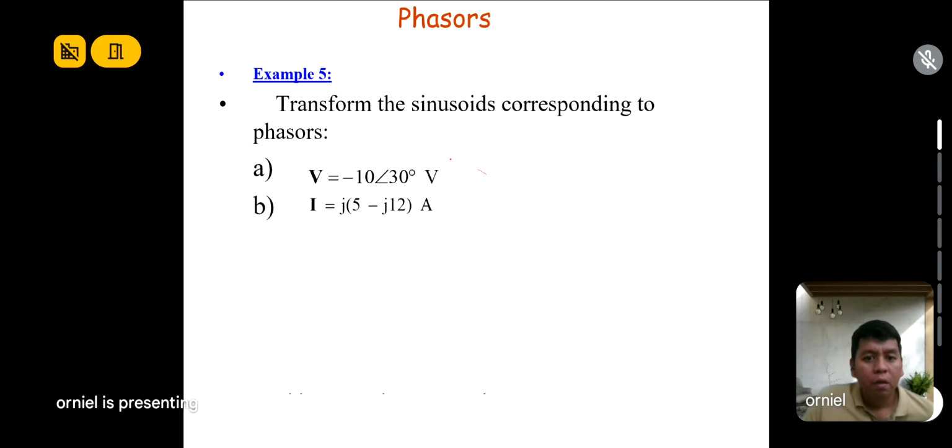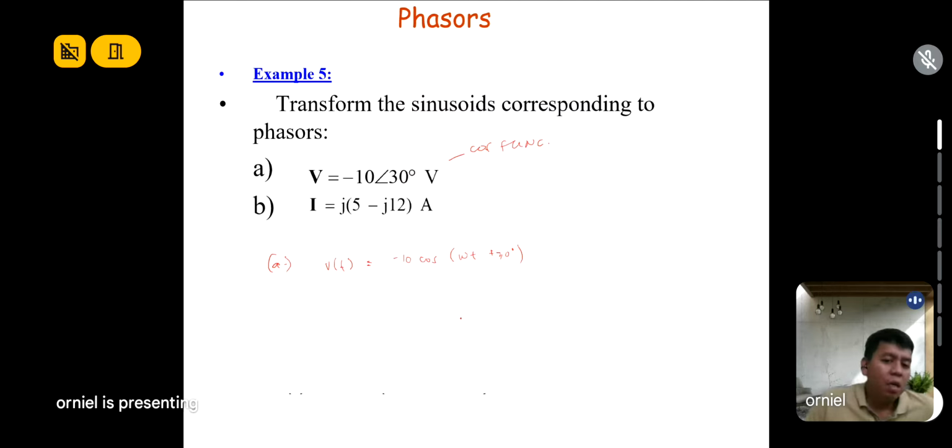But this one is a negative cosine function. In the time domain, it might look like this: we have V in letter A, V of t is negative 10 cosine omega t plus 30 degrees.